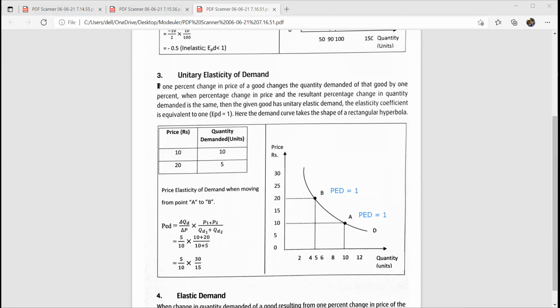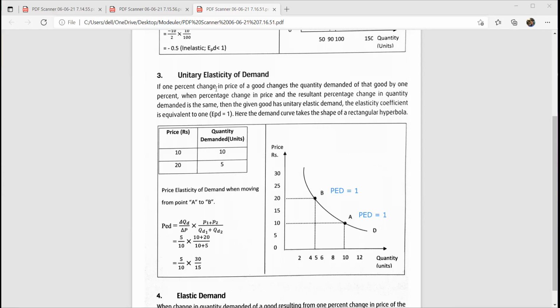If a 1% change in the price of a good changes the quantity demand of that good by 1%, when the percentage change in price and the resultant percentage change in quantity demand are the same, then the given good has unitary elastic demand.